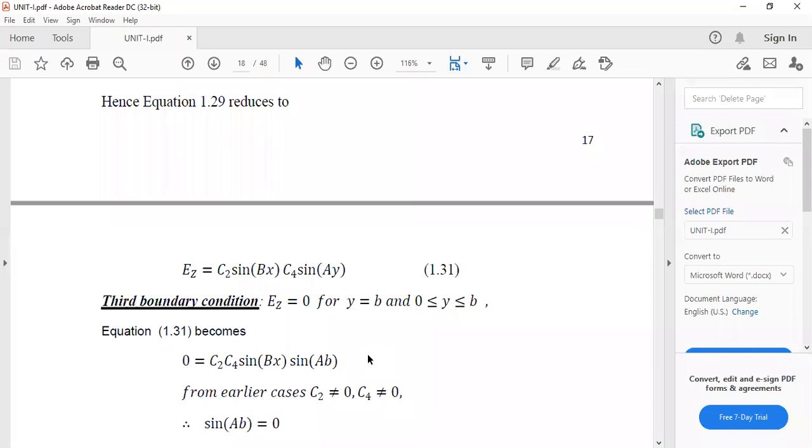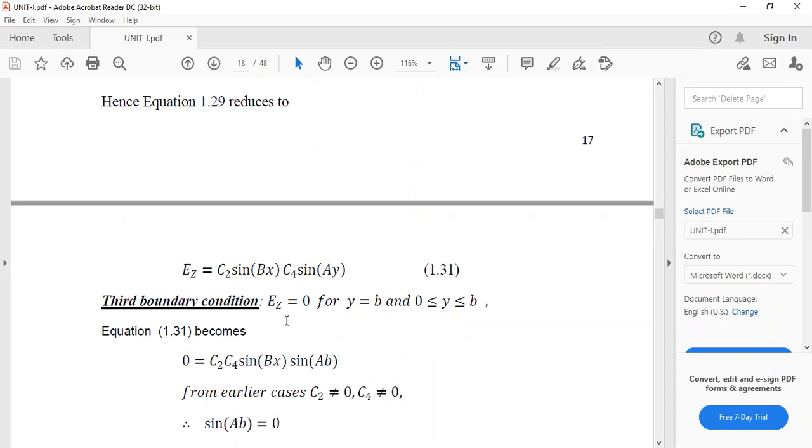We have 4 boundary conditions, no? x equal to a. Very good. So x is equal to 0, y is equal to 0, y is equal to b, and x is equal to a. So these are the 4 boundaries.